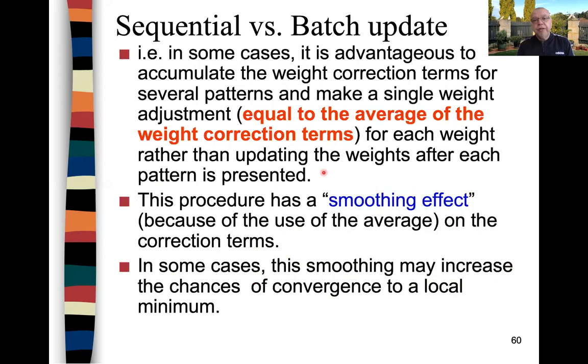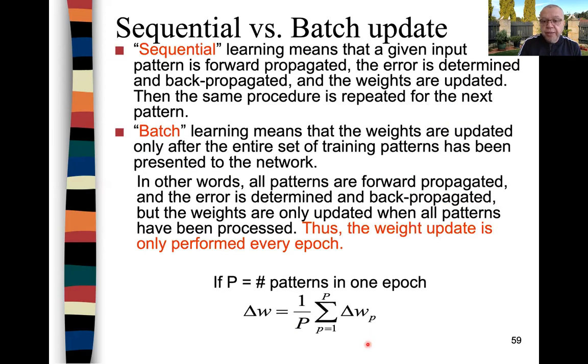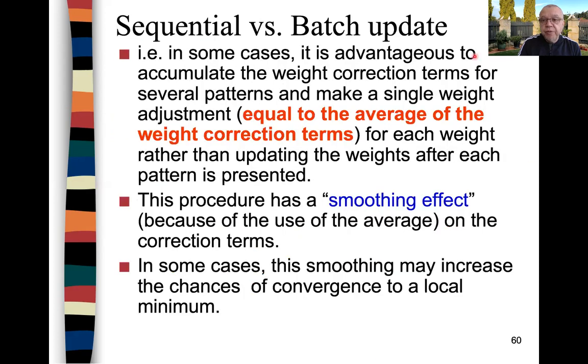Now, what is the effect of that? In some cases, it is advantageous to accumulate the weight correction terms for several patterns and make a single weight adjustment. This is equal to the average of the weight correction, just like this formula here. Why is this better?